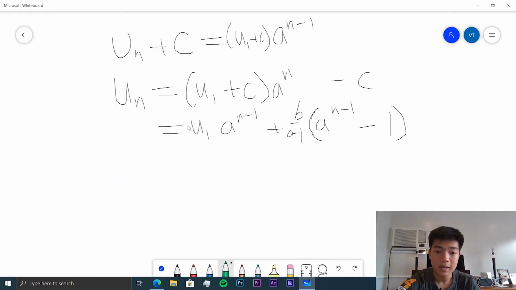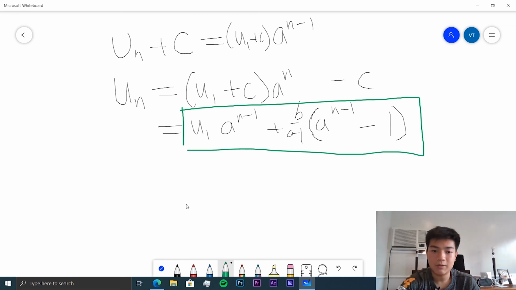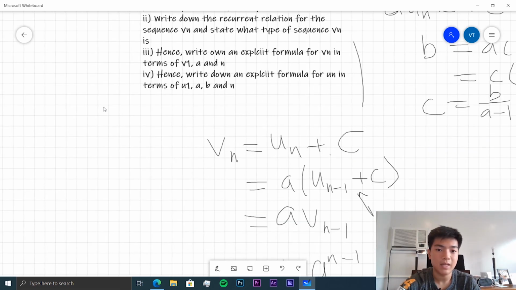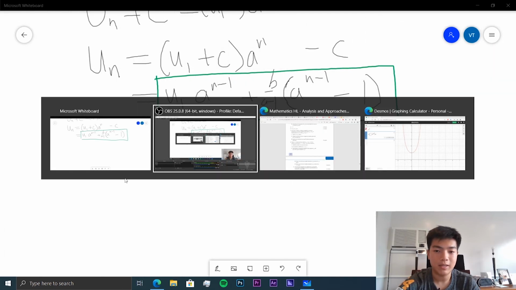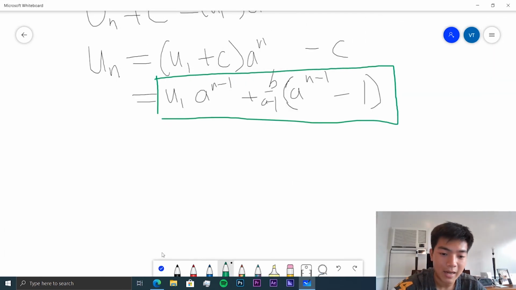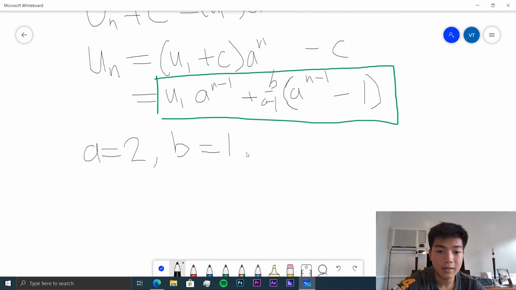And so finally, the last question, e, asks us to verify this answer with the Tower of Hanoi. Because remember, the Tower of Hanoi had a is equal to 2, b is equal to 1, and u of 1 is equal to 1. And so we need to verify that this evaluates to 2 to the n minus 1 if we plug all of the numbers in.